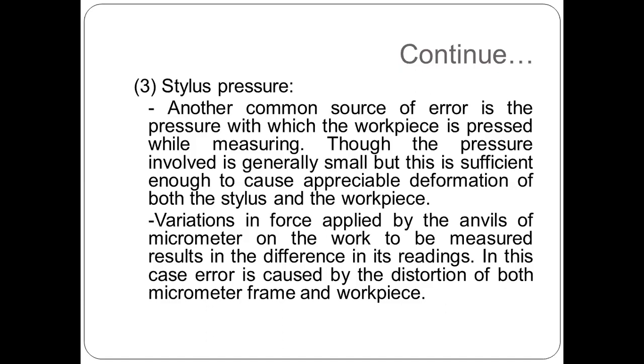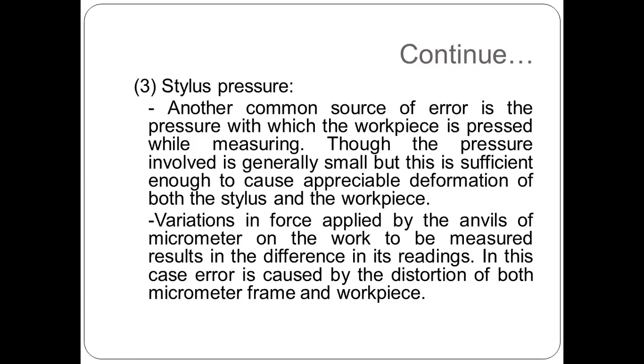If you press more, your value will be different, and if the stylus pressure is not adequate, again your value will be different. We can set the stylus to zero. When we learn about comparators, I will show what stylus pressure is.